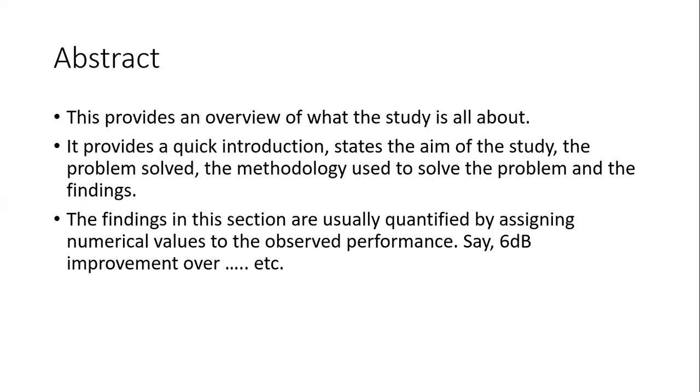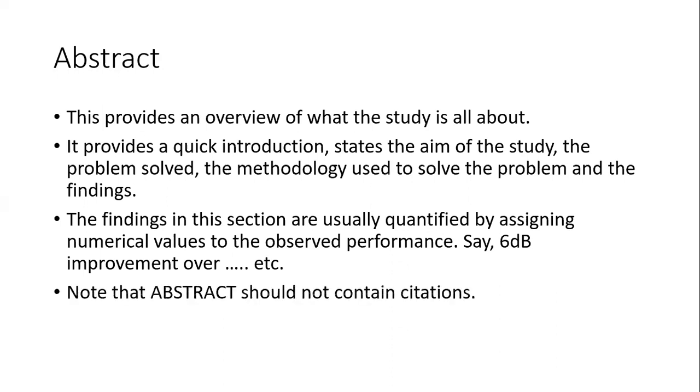Say you want to say 60% improvement over XYZ and all of that. So you want to assign some numerical values to the level of improvement you must have observed in your study. And it should be noted that the abstract must not contain citations.